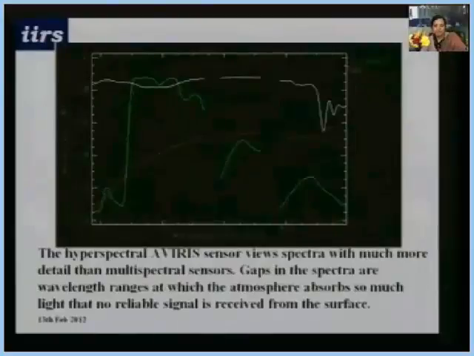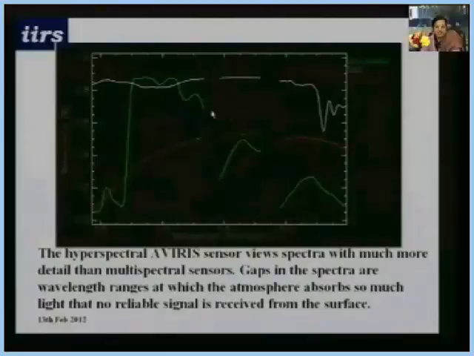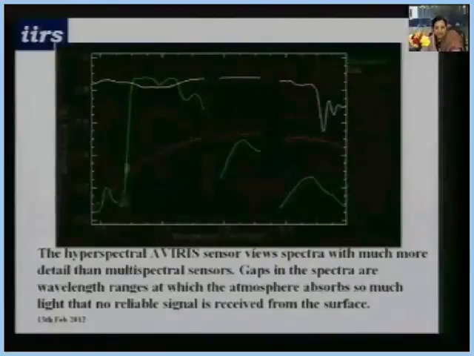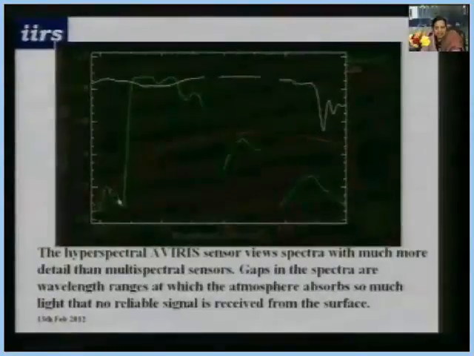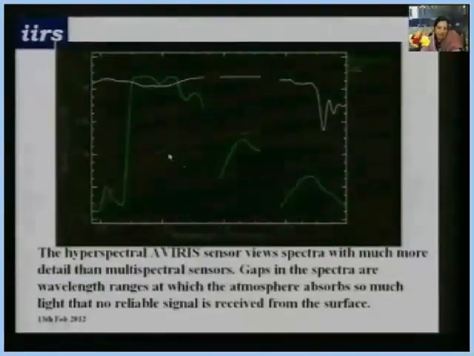So the gaps in these spectra which you are seeing are due to atmospheric absorption, at which the atmosphere absorbs the radiation and no signal is received in these regions. That's why we have this gap. Otherwise, if you look at the complete spectra, you can clearly make out that the vegetation spectrum resembles the reflectance characteristics of vegetation, as do the silty loam and the talc.